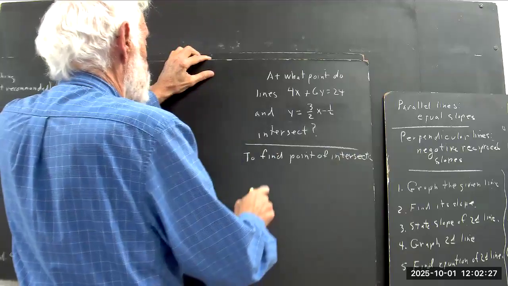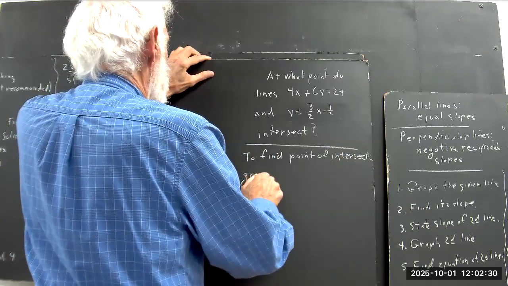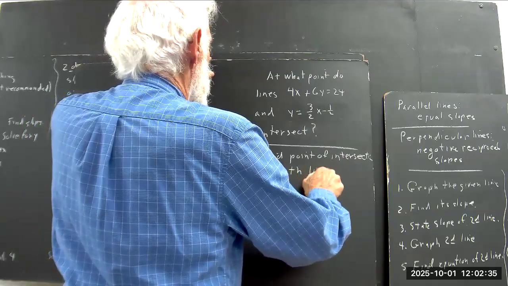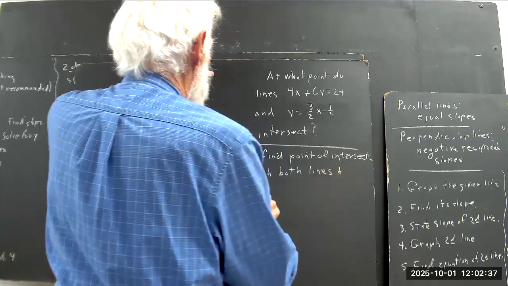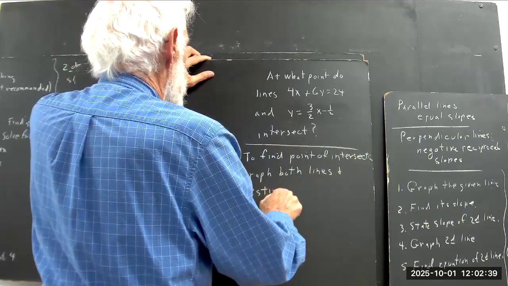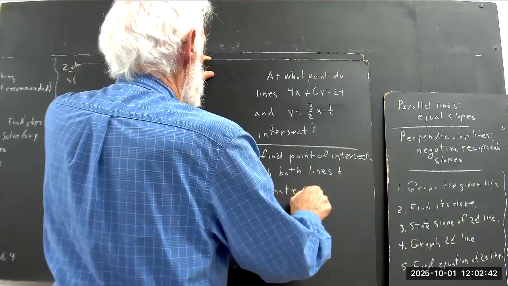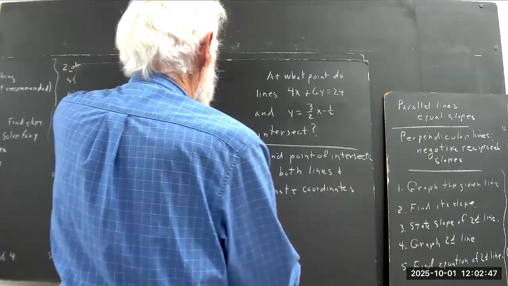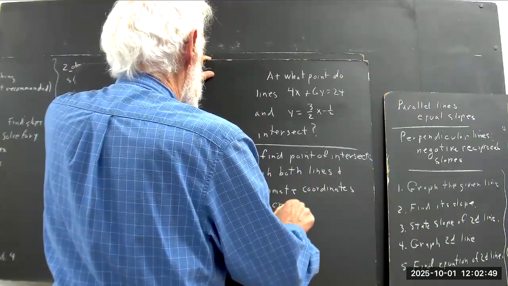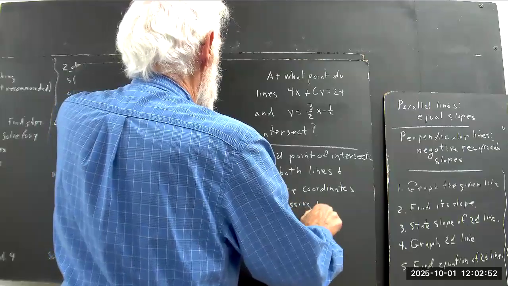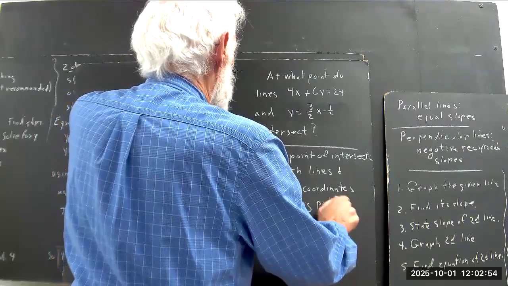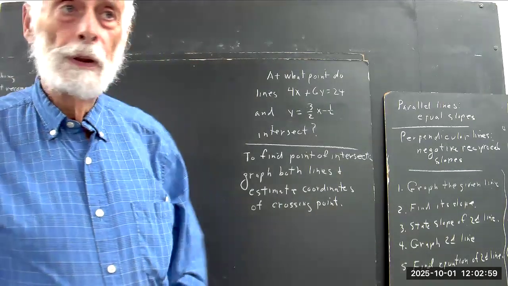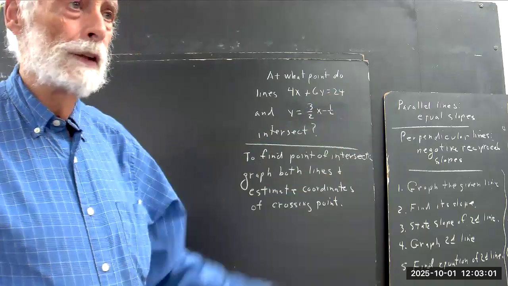Find the point of intersection. Graph both lines and estimate the coordinates of the crossing point, assuming that they cross. Now, the last problem we did had two parallel lines and they don't cross.